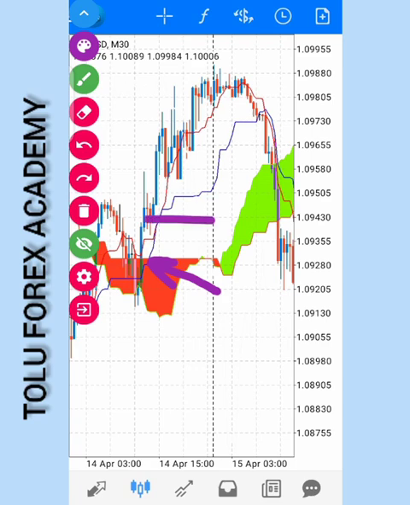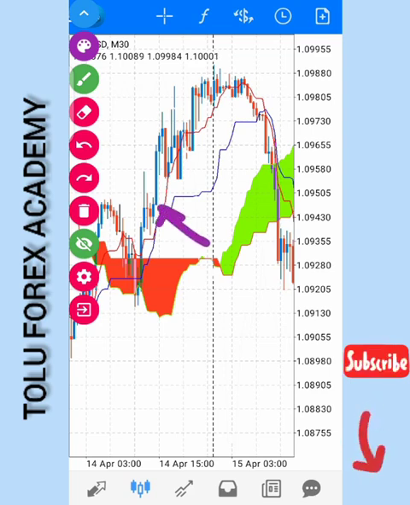You see, this is where the crossover is. So as soon as we get this crossover and the crossover is successful on our setup, what we do is to enter the trade. We enter the trade at this crossover.